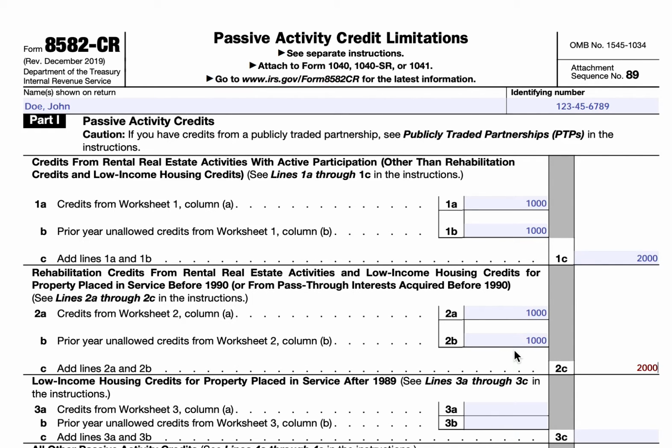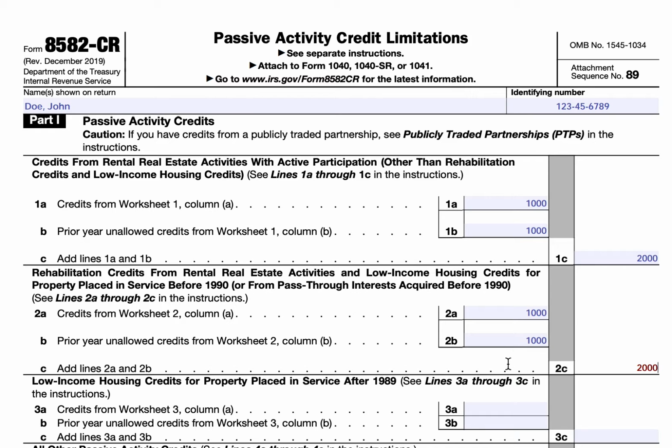So again, line 2 applies to rental real estate activities, but also low-income housing credits for either property placed in service before 1990 or property that's owned through a pass-through entity that you acquired before 1990.